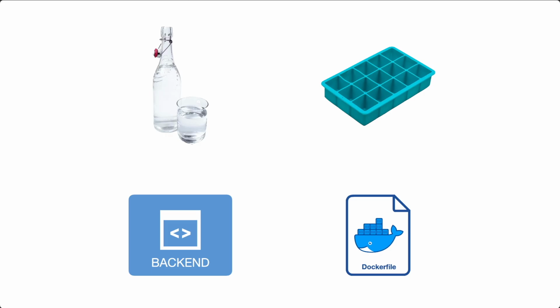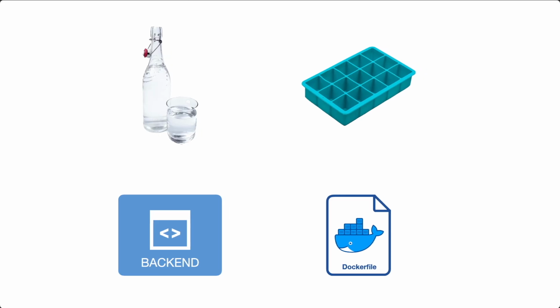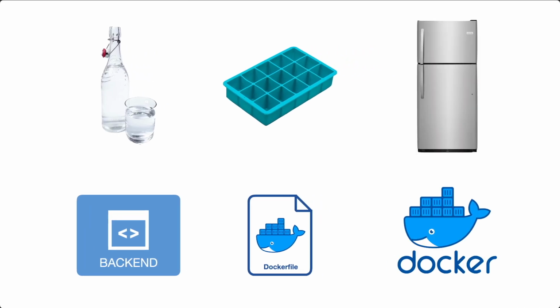Okay, so far we've got the application, which I compared to water, a Dockerfile, which I compared to an ice tray. Now we need an environment where the temperature is low enough for the water to freeze, or in terms of Docker, we need an environment where we could create our image. For that, we need a fridge. The fridge, from our analogy, is like Docker daemon.